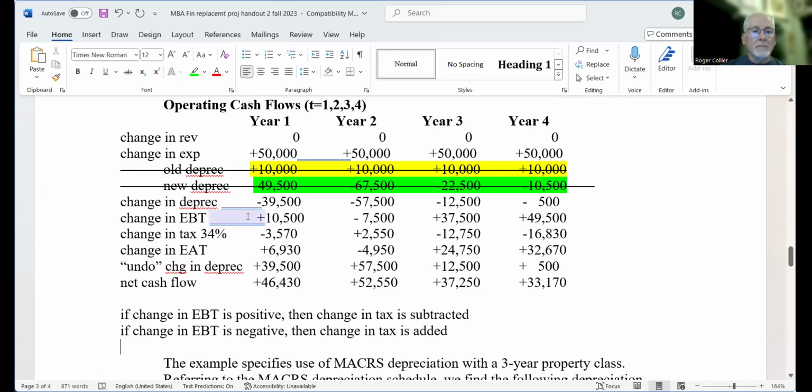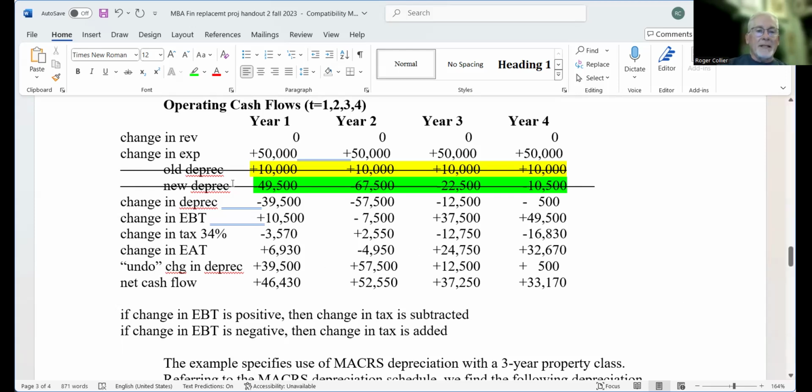First year, EBT is positive, taxes are negative. Second year, EBT is negative, taxes are positive, and so on. Right? Just don't fall into that trap of thinking, well, the earnings are negative, so they didn't pay taxes. No, the earnings decreased, so they paid less tax.